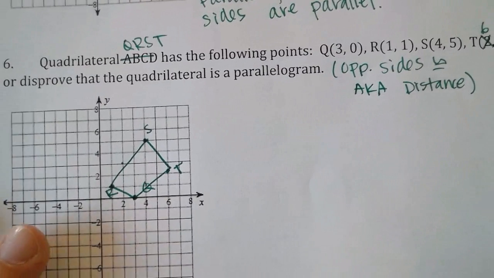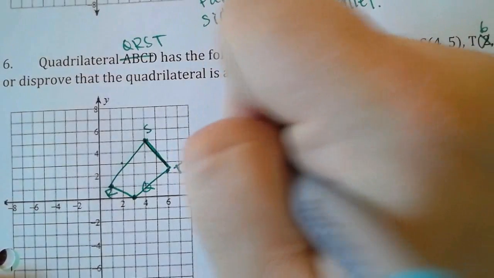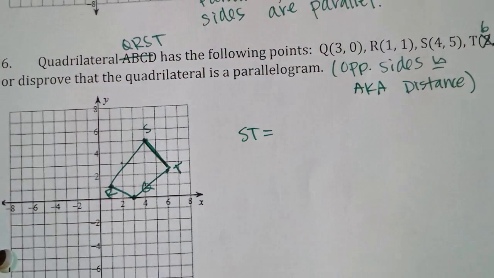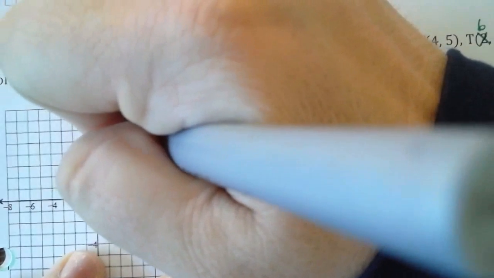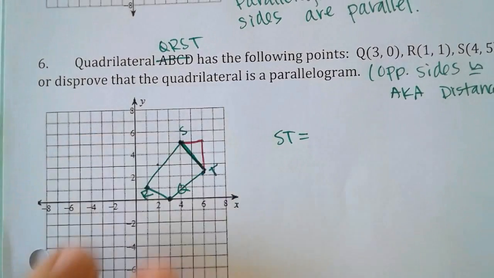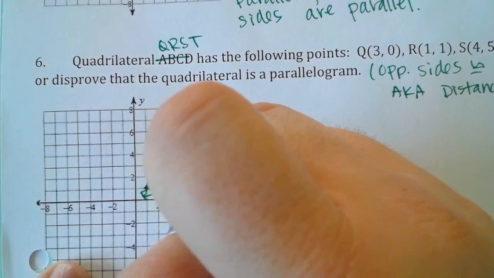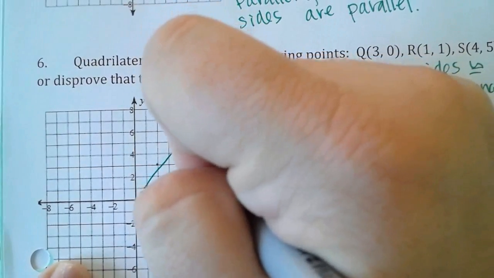Okay, here's how I'll do it. First, let's find the length of ST. Just like we did last time when we were doing distance formula. Change that into a right triangle. Ignore everything else. How far is this? 2. And then how far is that? 3.